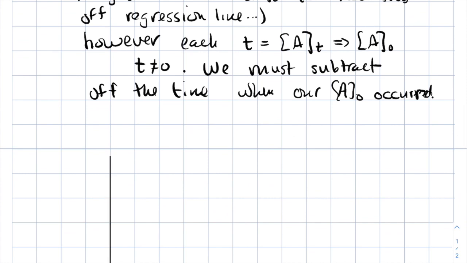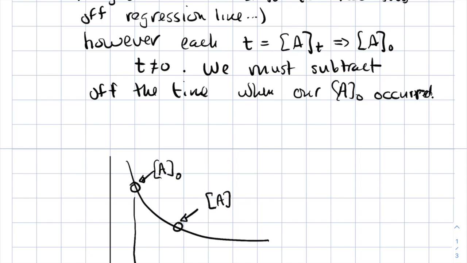If we make a cartoon of a plot, we can kind of see why this is, right? So here's my curve, right? And what I'm going to do is I'm going to use this as my A naught. And let's say this is a time of 5 minutes. Okay. Well, what I want to do is I want to measure the time where we're going to be, say, 3/4 of A naught.